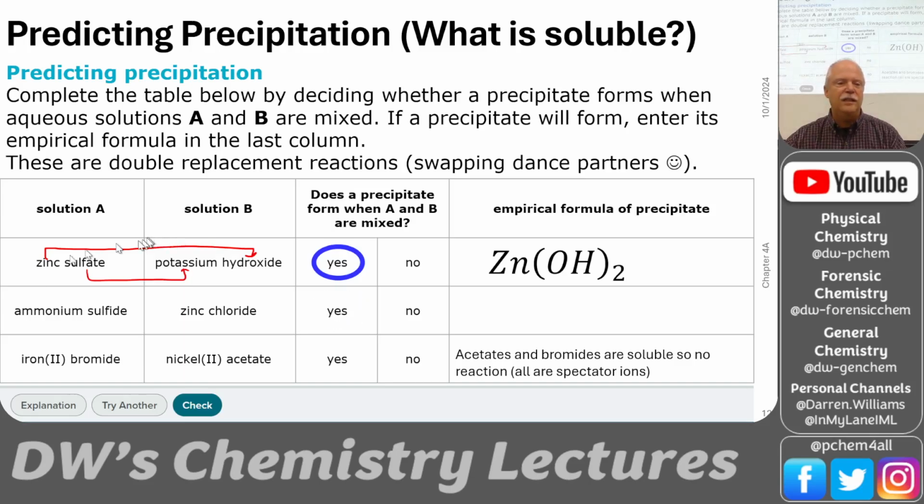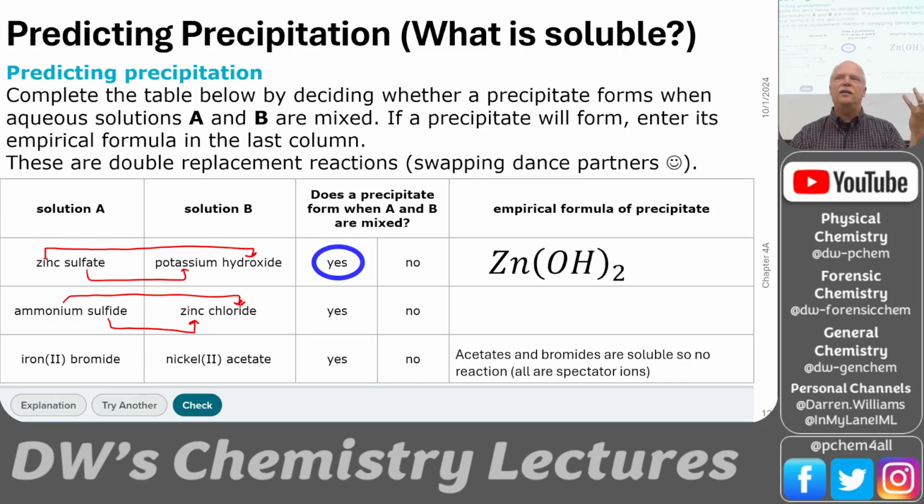Okay, what about this one? I said yes. Oops. We've got ammonium sulfide and zinc chloride. So we just swap the two. Ammonium and chloride are going to be soluble because chloride is a group 7 halogen and ammonium behaves like an alkali metal. So both of those are soluble in all cases. But here we end up with zinc sulfide.